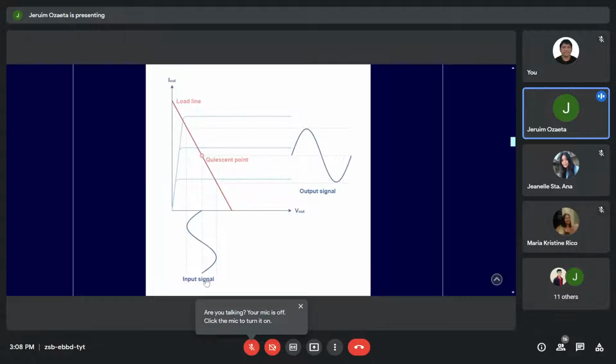Now, this input at the instant that it is considered will be equivalent to the reflected output signal at this point. So when it rises, this is now the equivalent value. When it goes down, this is now the value. When it rises, this is the value. So the same way as in the previous page that we discussed. Again, this one is inverting the value. When this goes down, this goes up. When this goes up, this goes down.